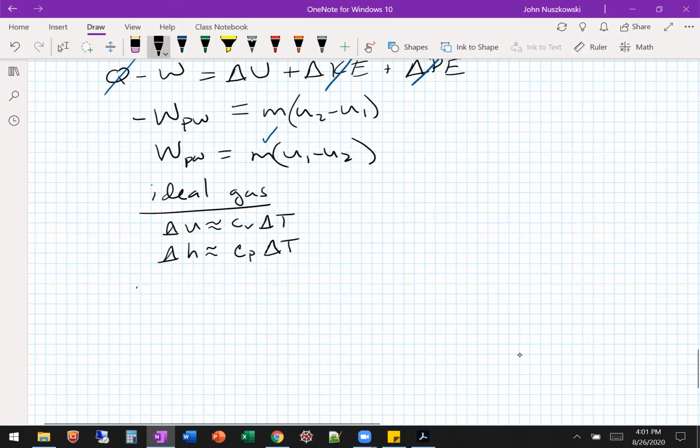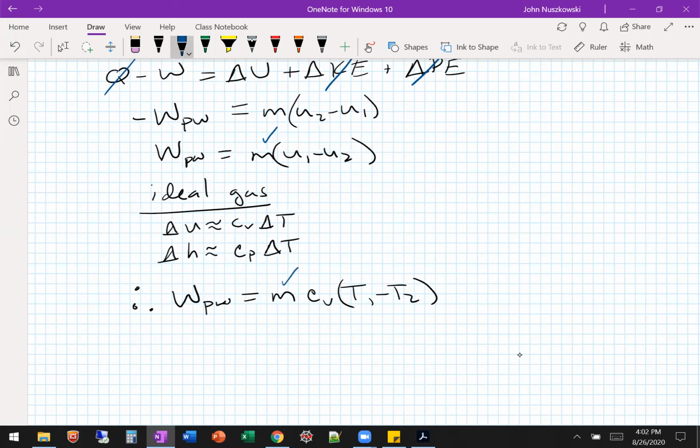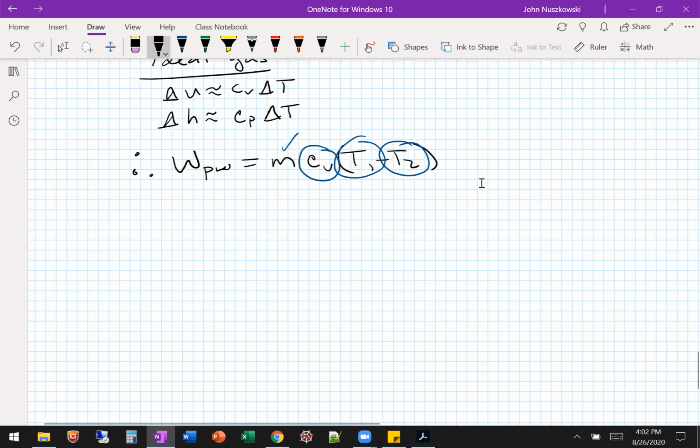All right, so that means we have CV times T1 minus T2. Again, we have the mass. We need to get CV. We don't have T1 or T2, so how do we get those?